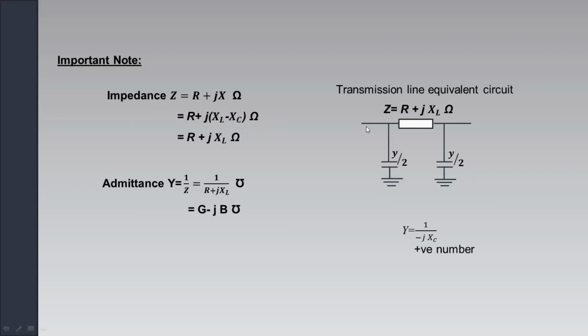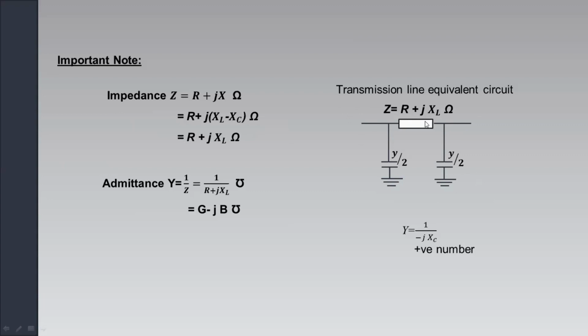In the case of transmission lines, medium and long transmission lines are represented in the power system as a nominal pi model. Here in the nominal pi model, this is the series impedance. Then the line capacitance is concentrated near the sending end and receiving end. Half of the line capacitance is concentrated at the sending end and half at the receiving end. These are called line charging capacitances. Look at the series impedance.